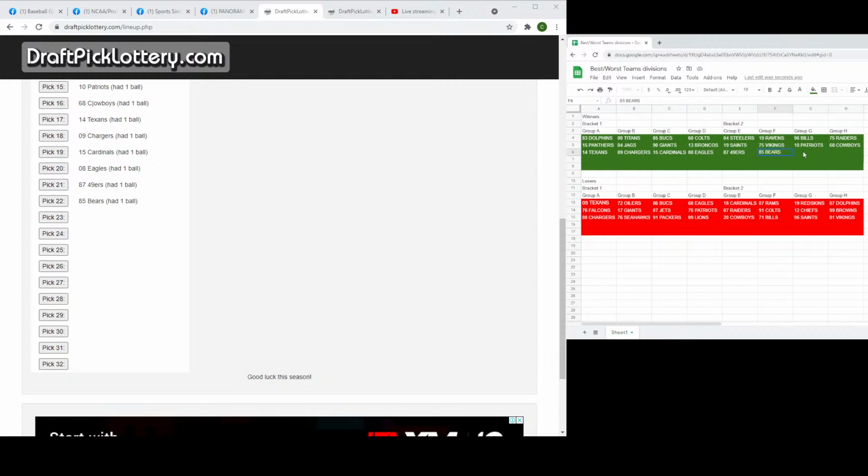The 1985 Bears in Group F will join the Ravens and the Vikings. And then again, this is going to be interesting to see how this goes, especially in Group F. Group G, remember that's all wild card systems too, so it isn't exactly your first two and keep going on. Group G, the 89 Lions.